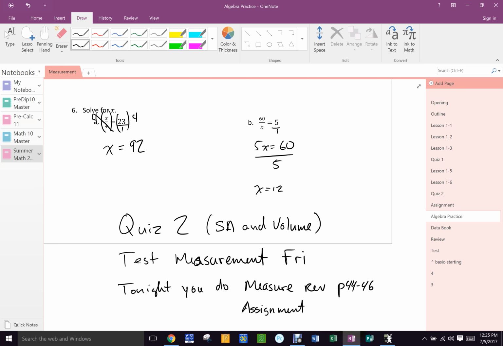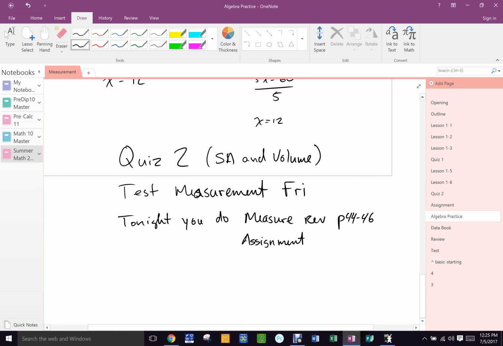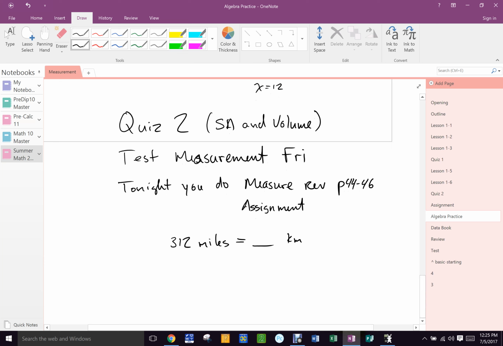I'll show you what I mean. You go first because your question's probably faster. If you had something like this, 312 miles equals blank km, this is what I want to see on that review. 312 times km over miles, 1.609 over 1.